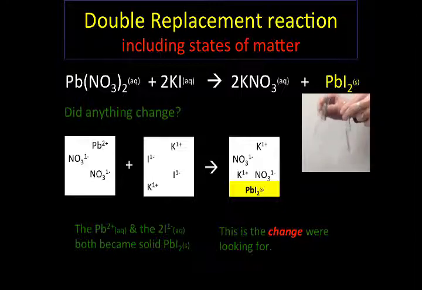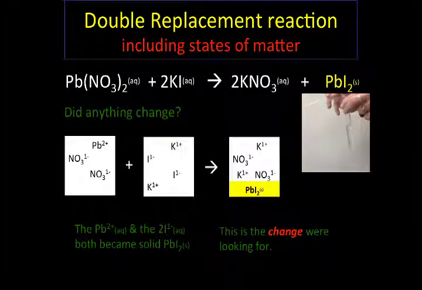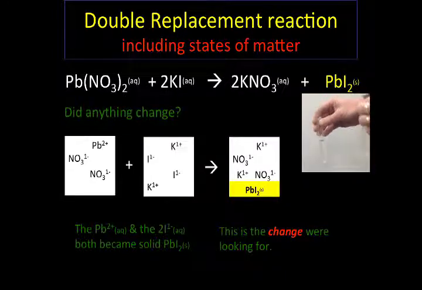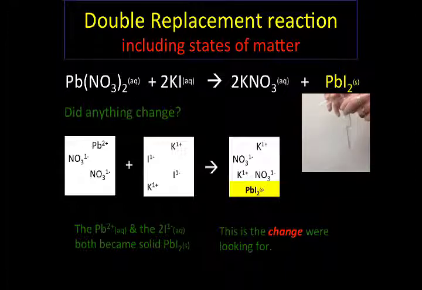But what has changed is that the lead 2 plus and the two iodides in the reactants have gone from individual ions floating around to being locked together in that solid lead 2 iodide, that yellow substance in the test tube. And that's what's important to us. We're looking at just what has changed.